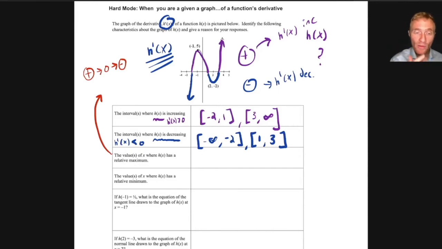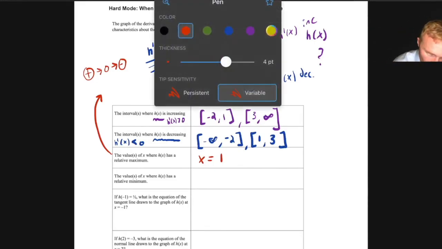And so where that happens on this derivative graph, where was our derivative positive and then becomes negative? At x equals 1. Our derivative was positive and becomes negative. The slope of the tangent line was positive, is 0, now is negative. That's a maximum.